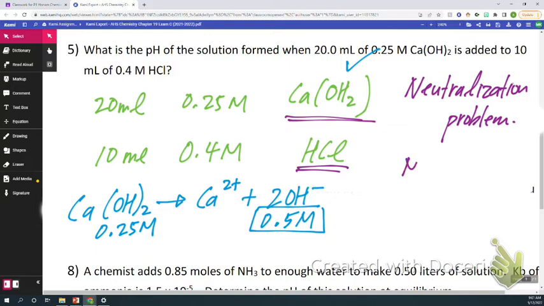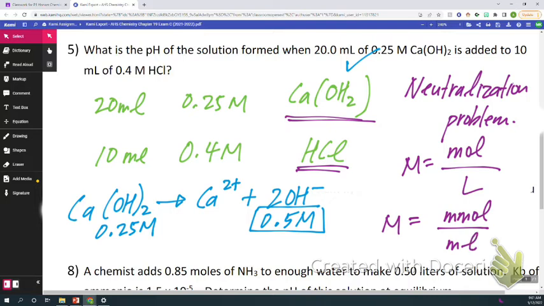Now you know the equation molarity equals moles over liter. Well, molarity also equals millimoles over milliliter. So look what you can do. Molarity times milliliter will equal millimole. You don't have to use millimole. You can use moles if you want.